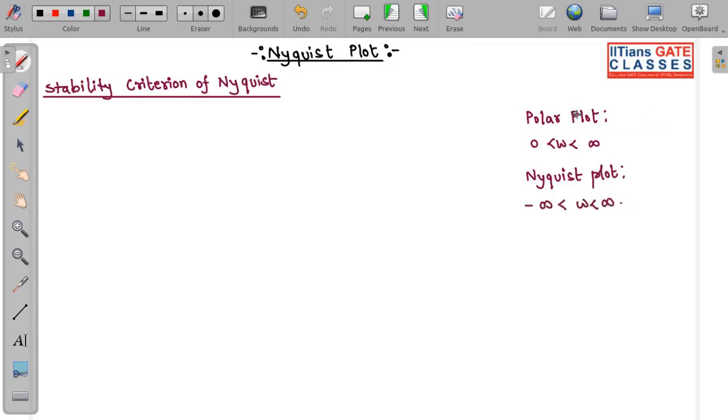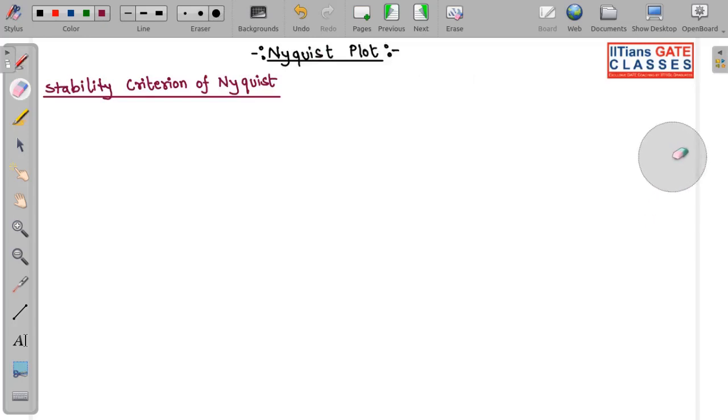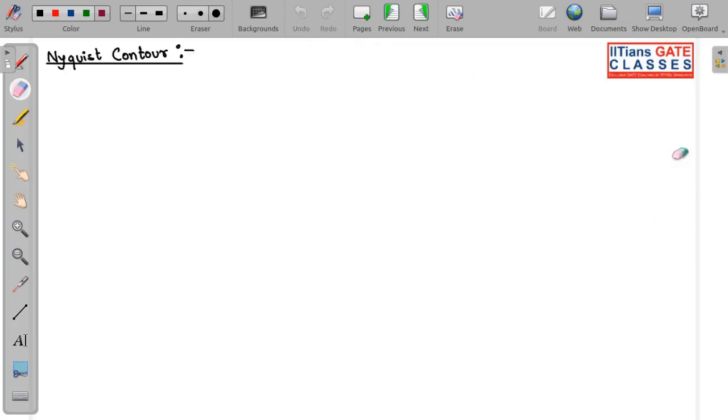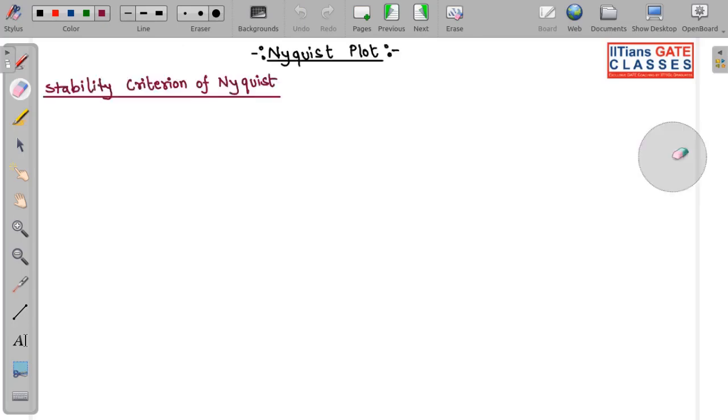Okay, so we are going to vary this. Now first let us see the stability criteria of the Nyquist plot. Okay, first let us discuss that, and after that we will see basically what is the principle of argument. We are going to talk about that.